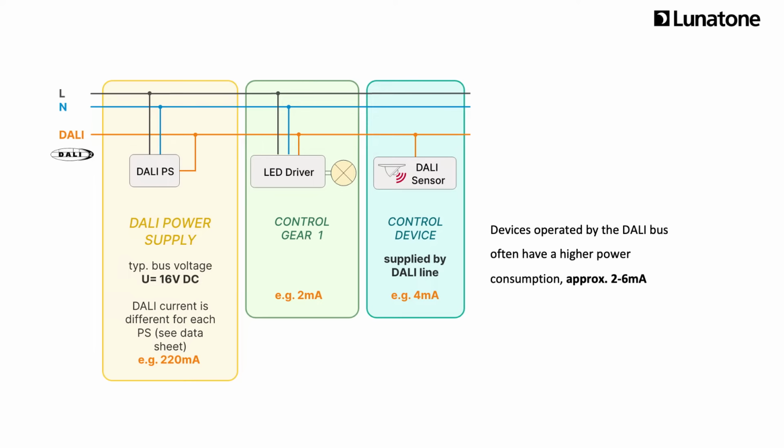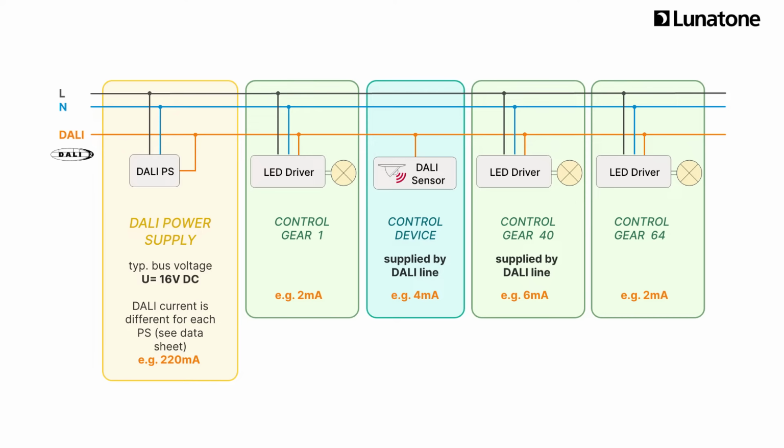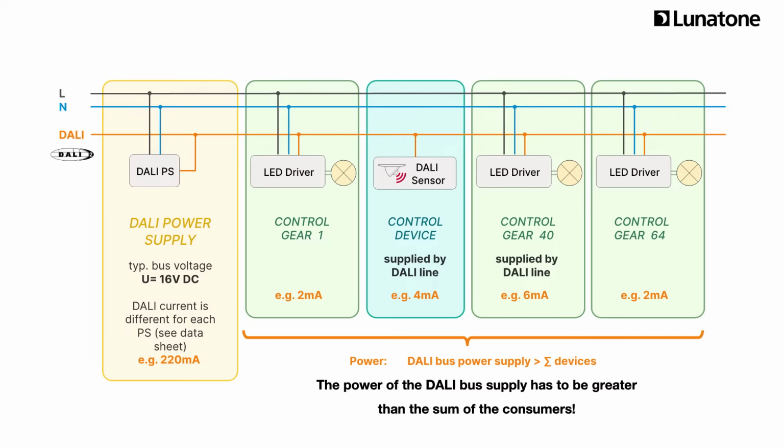The power consumption of these devices can be higher than 2 mA. This must be taken into account when planning the installation. It is therefore important that the power of the DALI bus supply is greater than the sum of the consumers. When choosing the right DALI power supply, a certain reserve should be kept, about 20% of the guaranteed supply current.